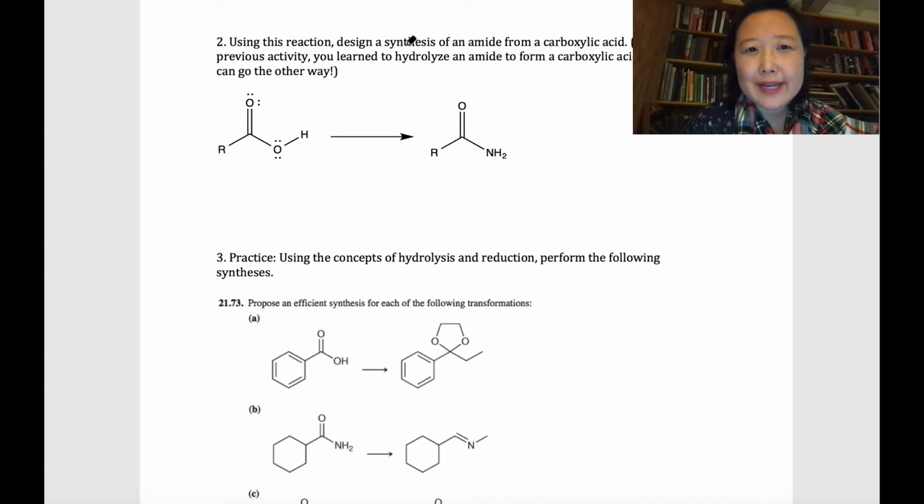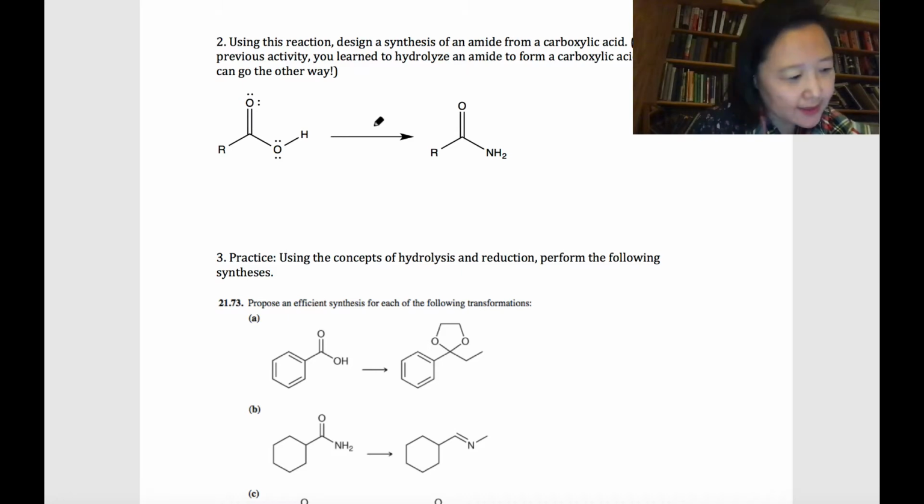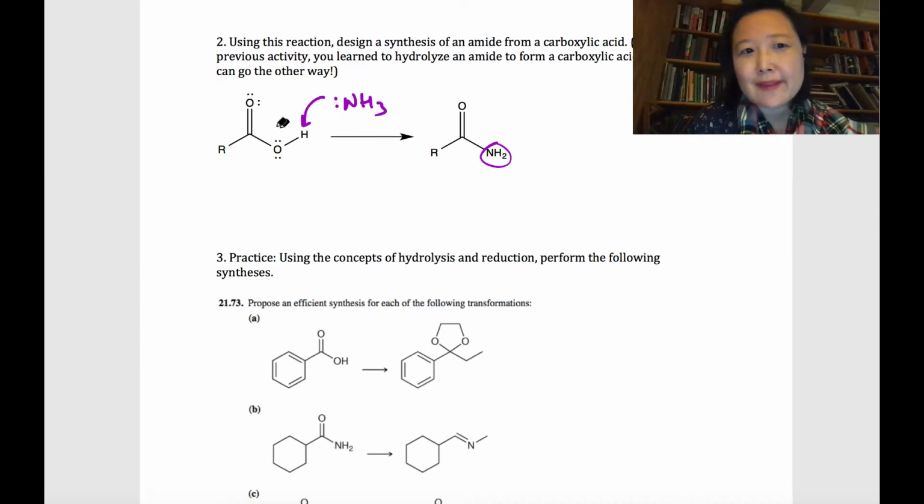In this reaction, design a synthesis of how to make an amide from a carboxylic acid. Let's see if we can use the concept from before, because the issue is if you just try to use ammonia and switch that group out for ammonia, do you remember the problem? You'll grab this hydrogen and then you'll have this stable carboxylate and it won't want to react.